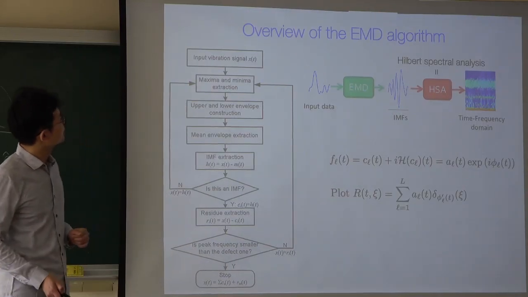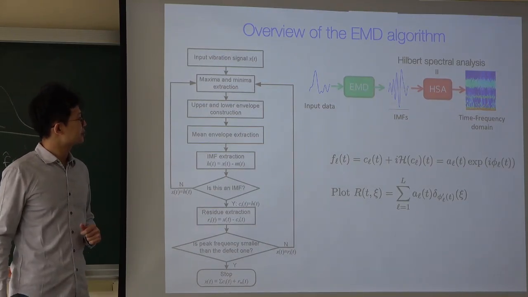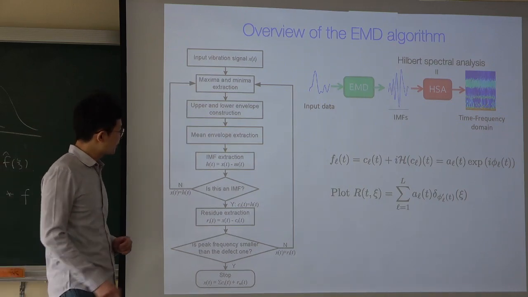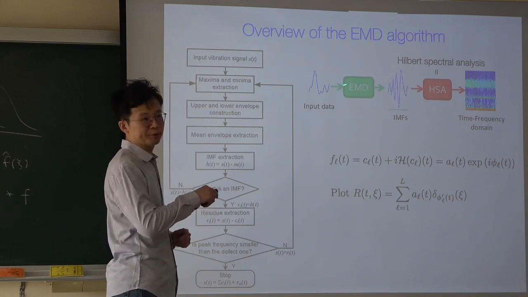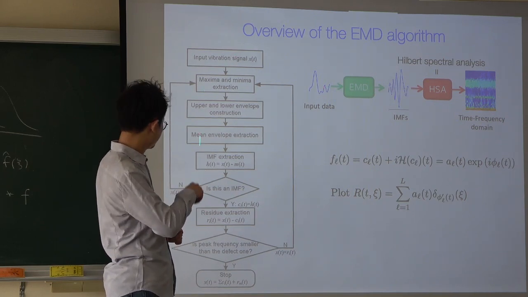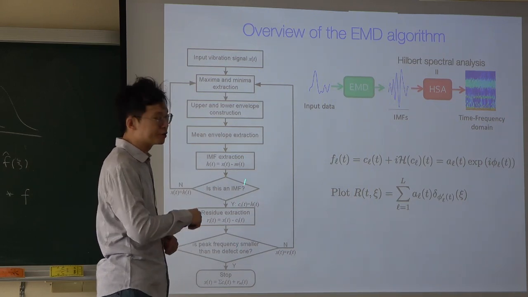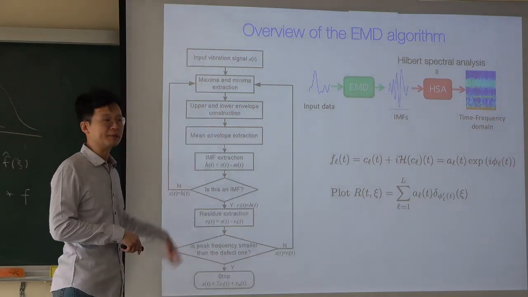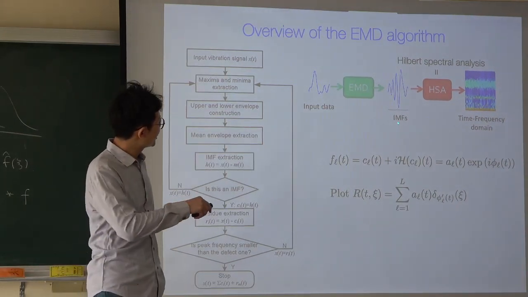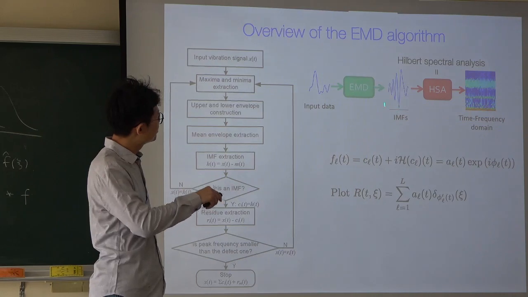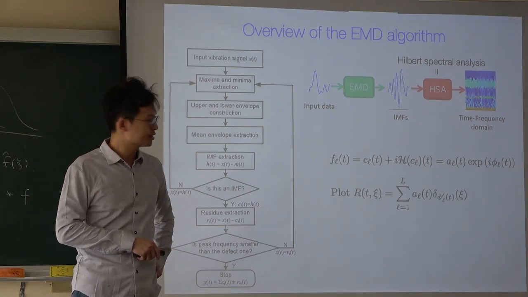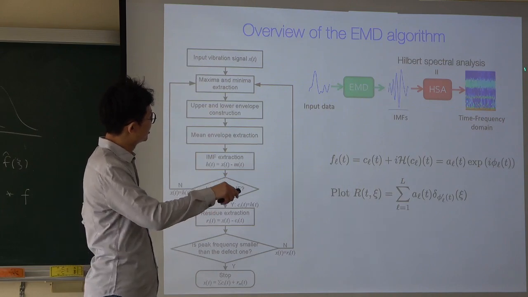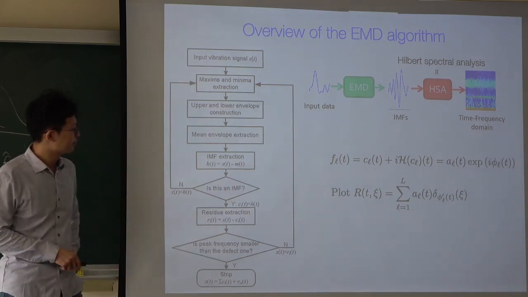This is an overview of the EMD algorithm. Essentially, there are two parts. The first one is called EMD, empirical mode decomposition, and there are a lot of loops and rules, which I will explain to you one by one in a bit. The second part is after you get the signal decomposed, you run something called Hilbert spectral analysis and get the time frequency representation.